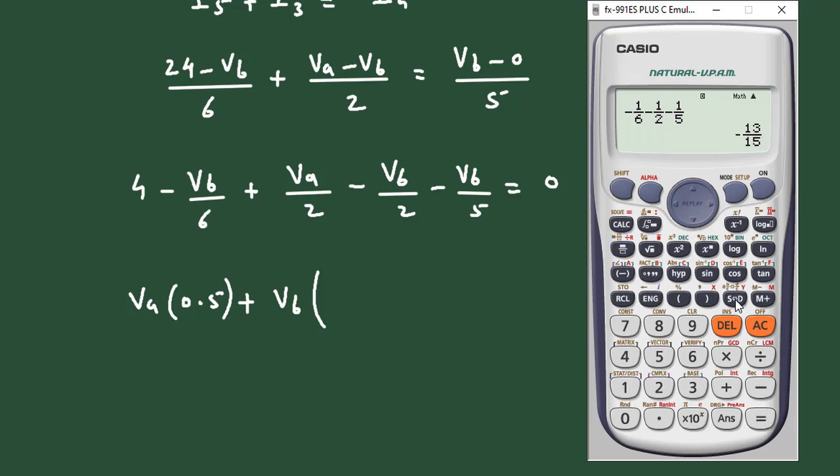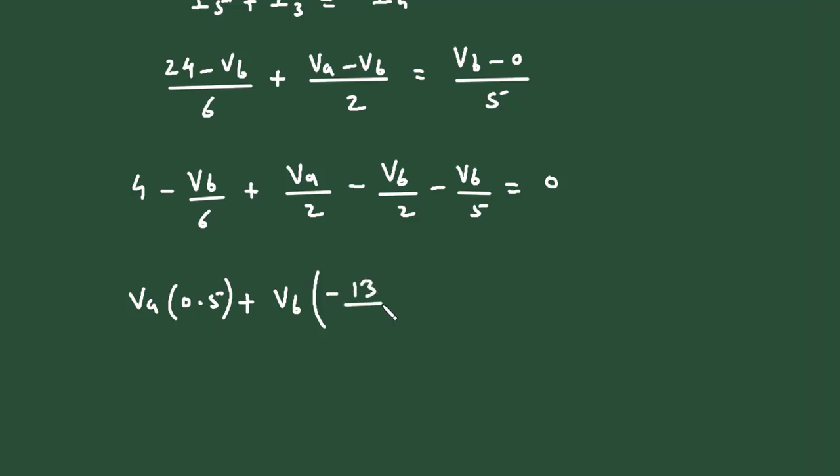So it is minus 13 by 15. Now if we take this 4 on the right side, it will be minus 4. Let's say this is equation number 2.